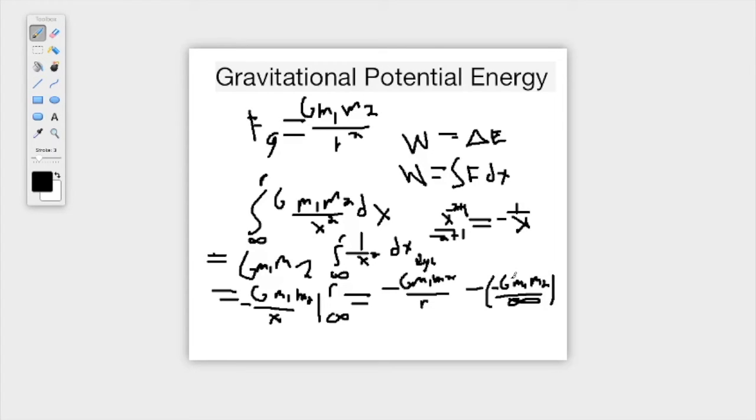Basically, what we can do is take the limit as, say, x goes to infinity of negative G m1 m2 over x.